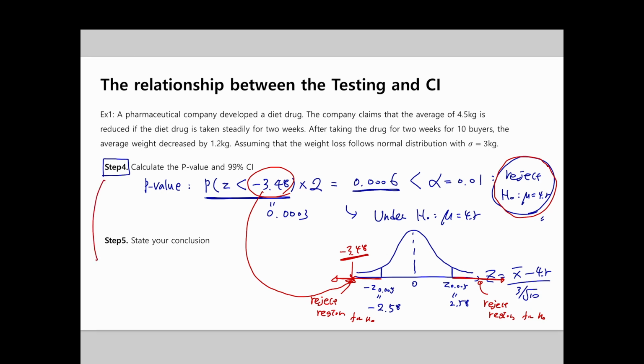The corresponding confidence interval, that is 100 multiplied by 1 minus alpha percent confidence interval, apply in alpha is 0.01, so 99% confidence interval.